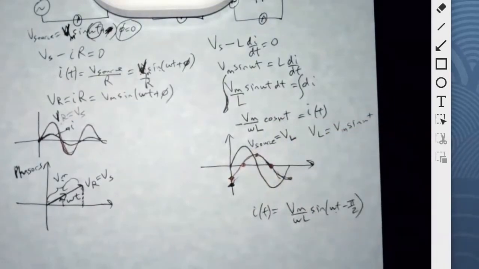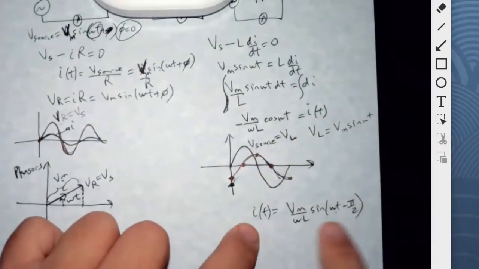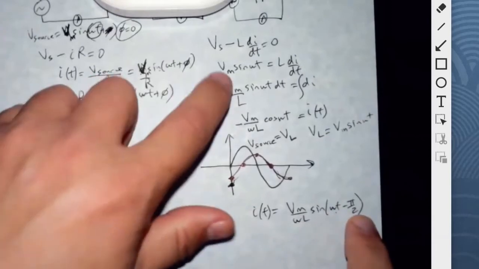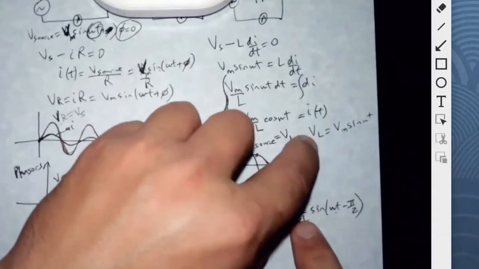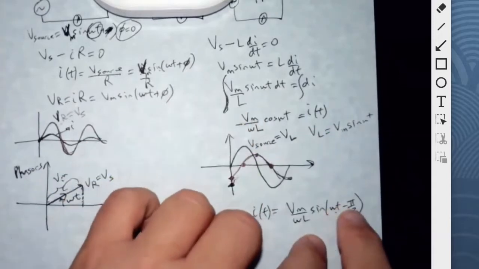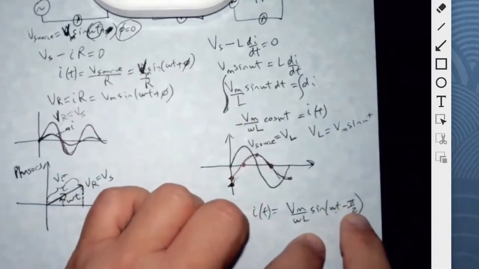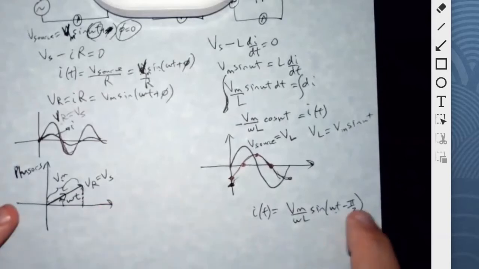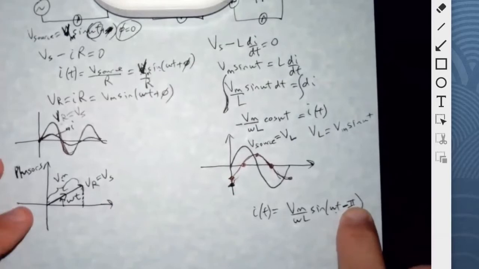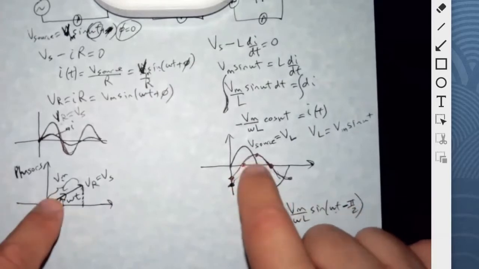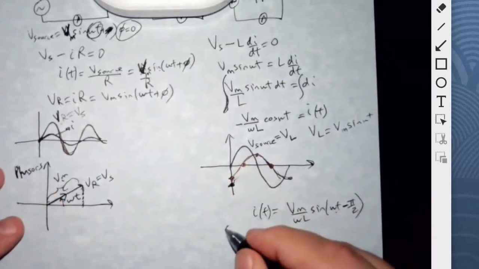So then we can say the current is behind the source voltage. You see? The current is behind the source voltage and the inductor voltage by pi over 2 radians. That's the reason why it's negative pi over 2. So then to do a phasor diagram for this, how would we do that?